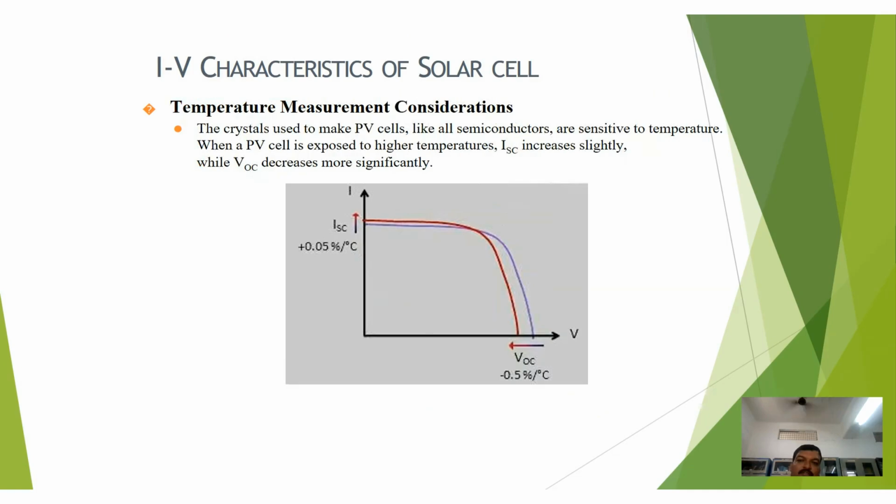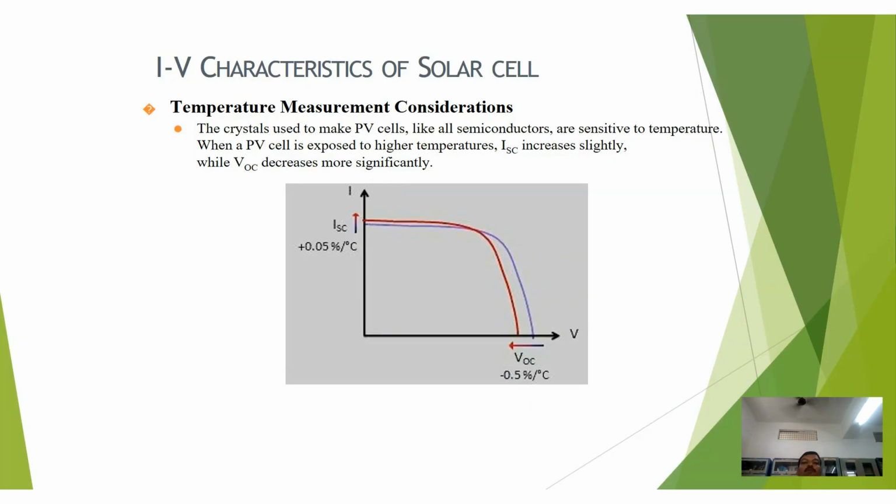This is the IV characteristics of a solar cell based on temperature change. How the current and voltage vary can be shown in the figure. Here, there is a decrease of 0.5 percent in voltage for 1 degree centigrade, and an increase of 0.05 percent in current per 1 degree centigrade.